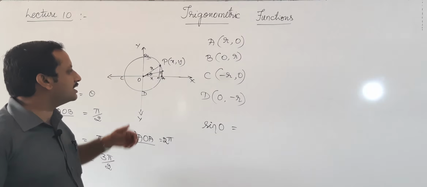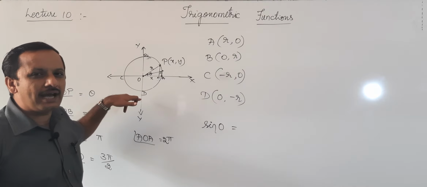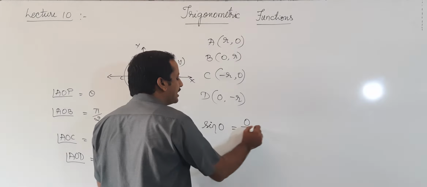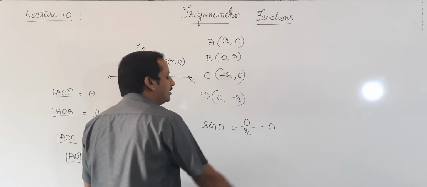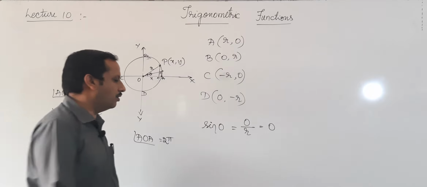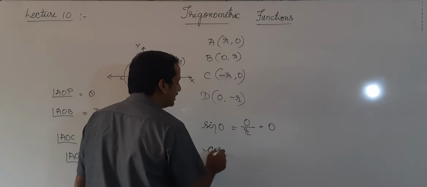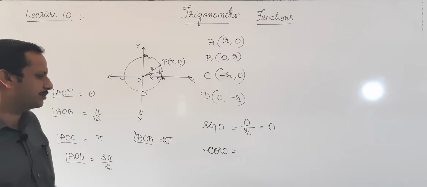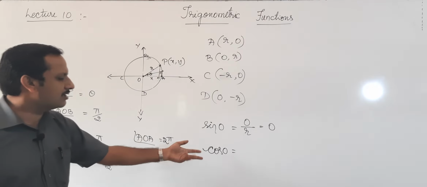So sine theta is defined as opposite by hypotenuse, y by r. Now y is 0, r is r only, 0 by r is equal to 0. Therefore sine 0 is equal to 0. Then cos 0. I will just find out sine and cos, the remaining can be obtained by taking their reciprocals, and tan is sine by cos.